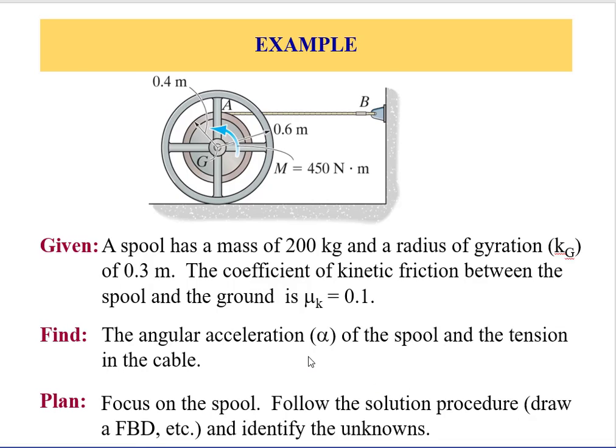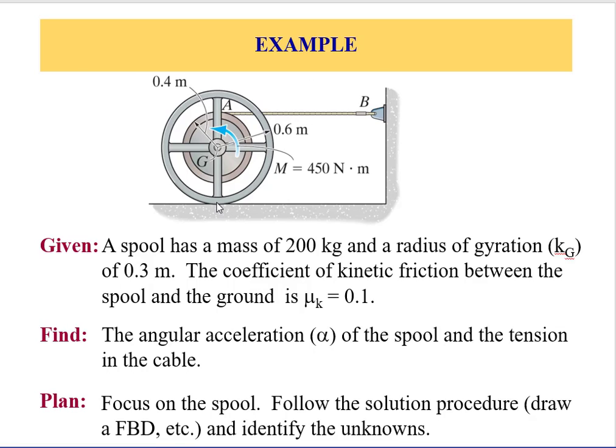Now what we have over here is this spool being held by this cable. A moment of 450 Newton meter is applied, and it's counterclockwise, because this spool might slip or it might roll. In either case, this point IC, this point at contact, doesn't move because of the cable.